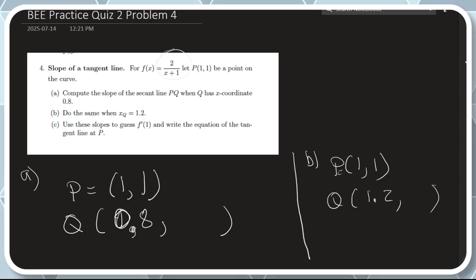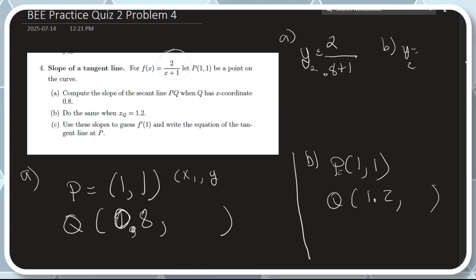So y for part A will equal 2 over 0.8 plus 1. And for part B, this is really y2, because our first point P is going to be (x1, y1), and then Q is going to be (x2, y2).